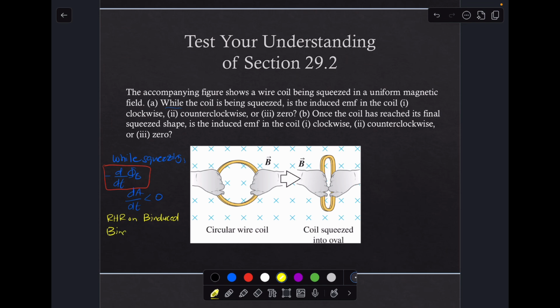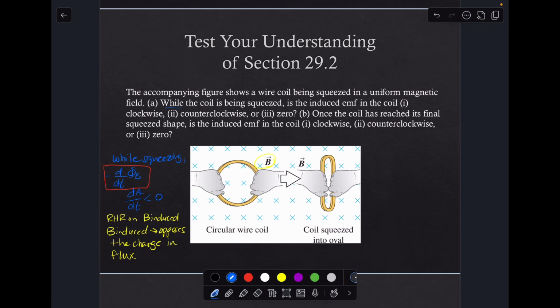B induced opposes the change in flux. Our flux is decreasing, so the induced magnetic field is going to point in the direction to oppose the decrease. And the way we oppose decreasing vectors, if B is pointing into the page, is by adding another one in the same direction.